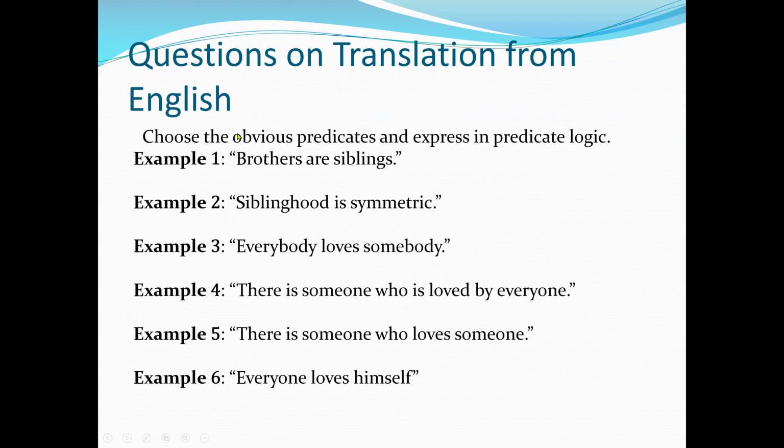And this is another example. Choose obvious predicates and express in predicate logic. So example 1, brothers are siblings. This means for all x and all y, B(x,y) implies S(x,y). B stands for brothers, S is siblings. So here we are saying brothers are siblings.